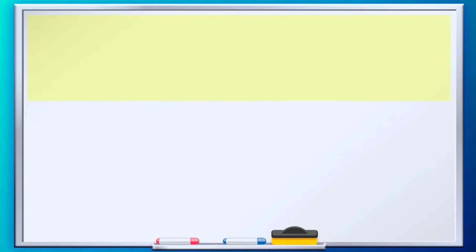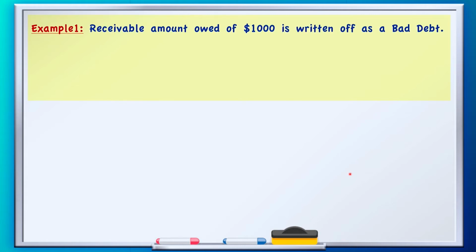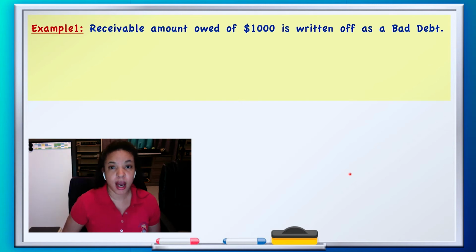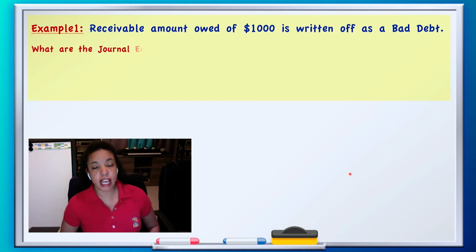So we're going to explain further with an example, and we have example 1. Receivable amount owed of $1,000 is written off as a bad debt. How much was owed? $1,000. How much was written off? $1,000. So what are the journal entries?